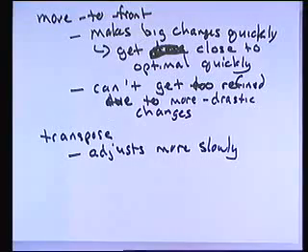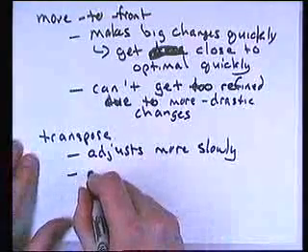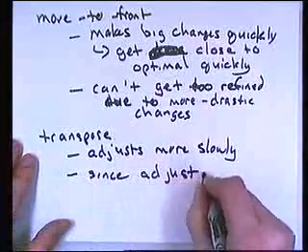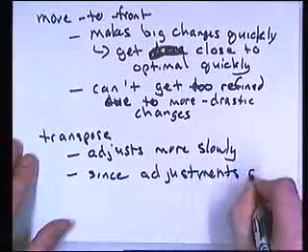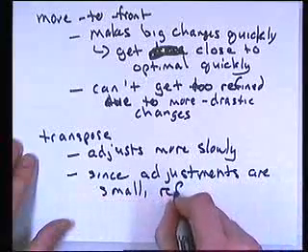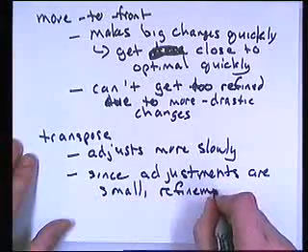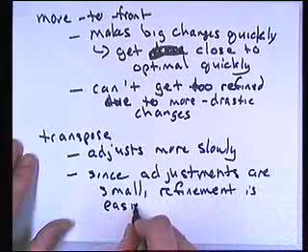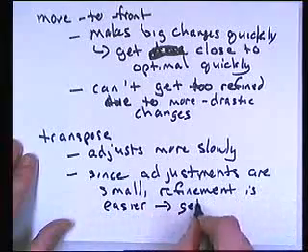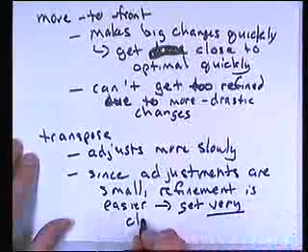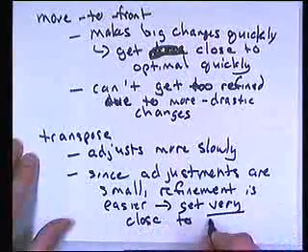Where for transpose, since our adjustments are small, refinement is easier, which means we can get very close to optimal.